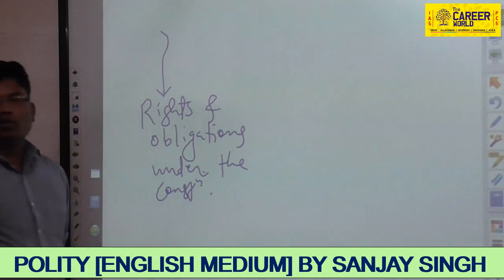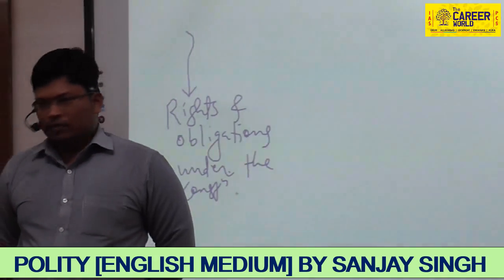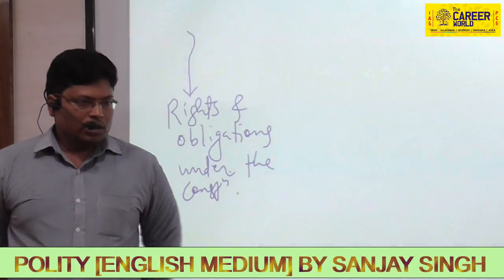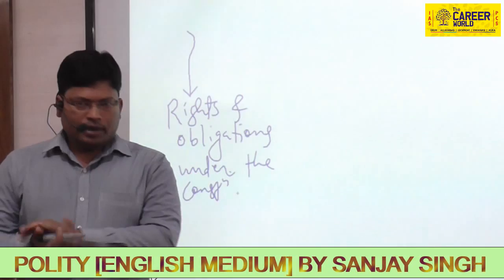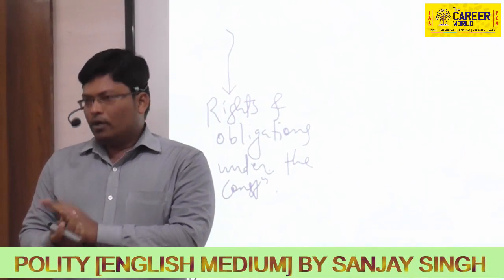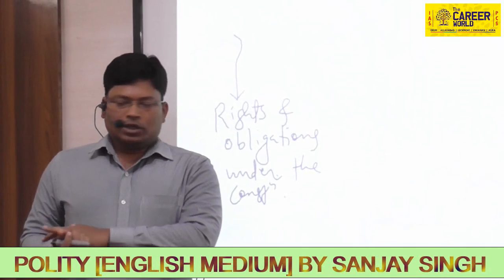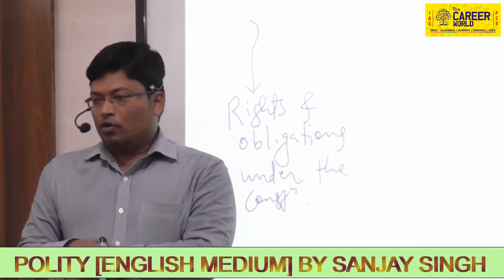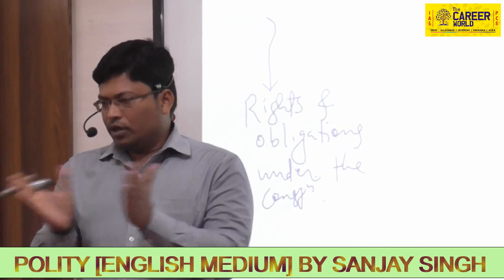Our Constitution provides proper space for the incorporation of rights, more precisely the fundamental rights along with some other constitutional rights, and of course obligations too. Here we usually study the obligations inside our Constitution in two different aspects, two different chunks.